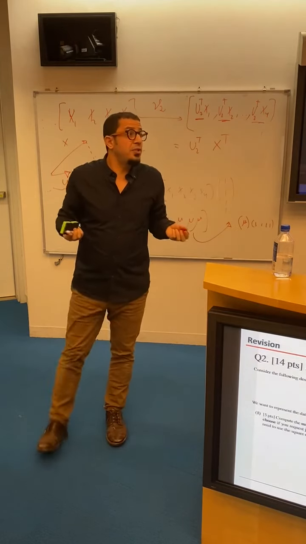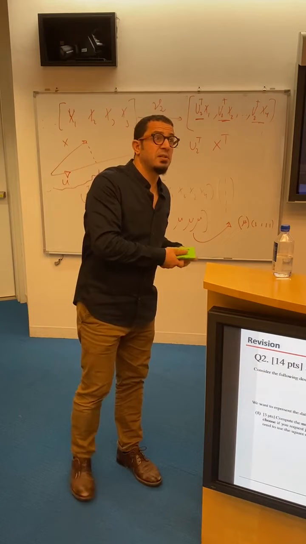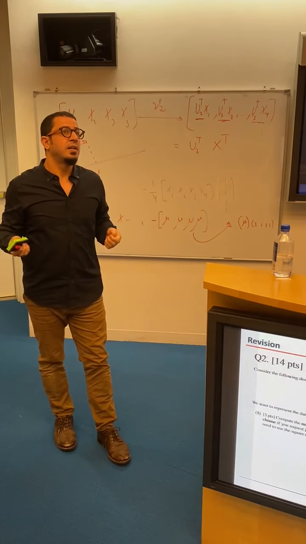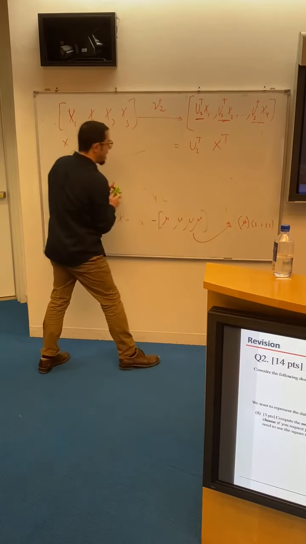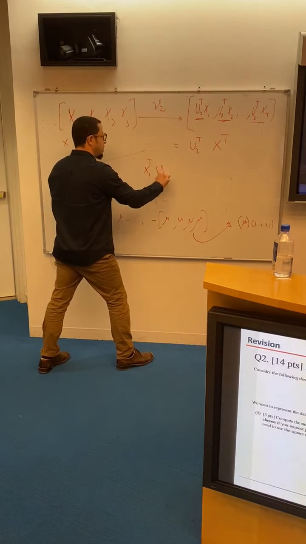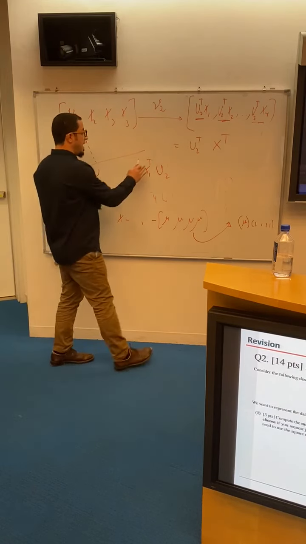So why do we find the eigenvectors? In order to do the projection on those directions. Yes? So why is it not x1 V transpose? Okay, good question. You mean you want to say why we don't do x1 transpose V2? Which is correct, listen. x1 multiplied by V2 transpose.